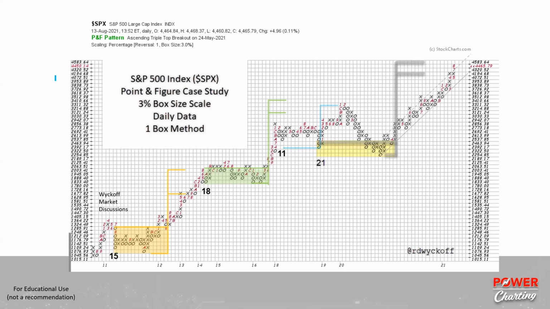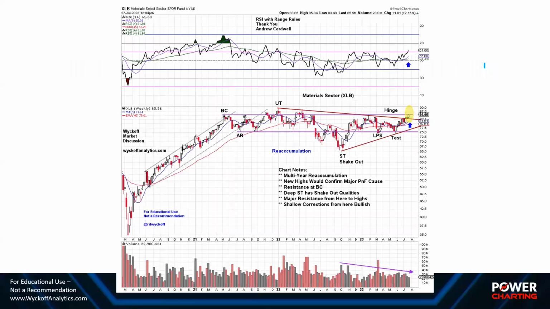I've talked about this chart in the past. This is from August of 2021, but the point I was making at that time was, look at this count across this area here. This was saying that we've used up the fuel, and this is actually August, and then this is what happened next. We had spent time at that count. That's the distributional top, and that was the conclusion of the bull market.